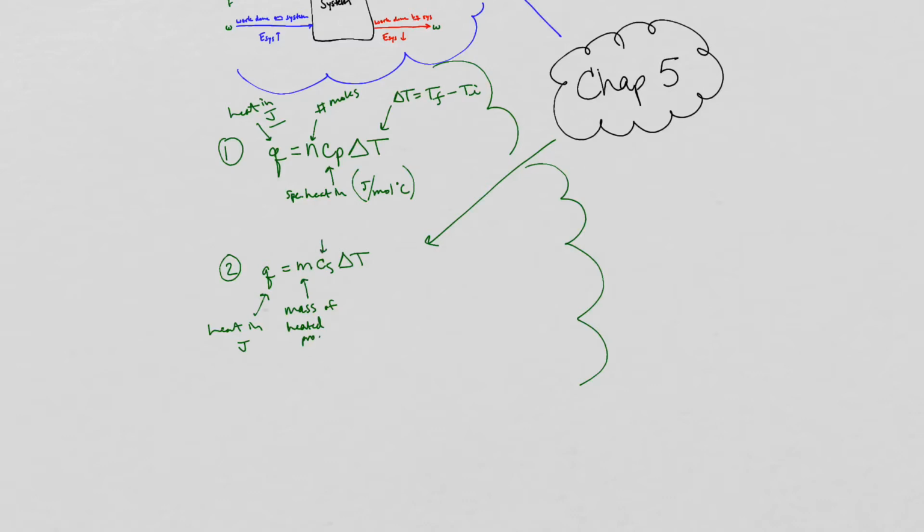This C_s is the specific heat in joules per gram degrees Celsius. Why? Because instead of moles, we have grams. And usually grams, you might see a different one. If you do, unit conversions are your friend. Again, delta T equals T final minus T initial.